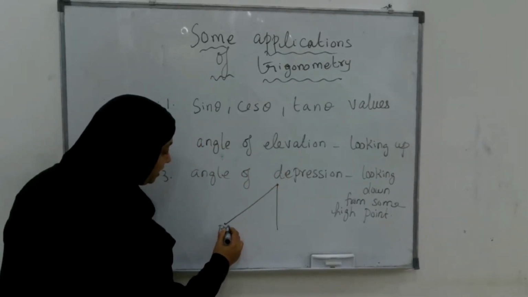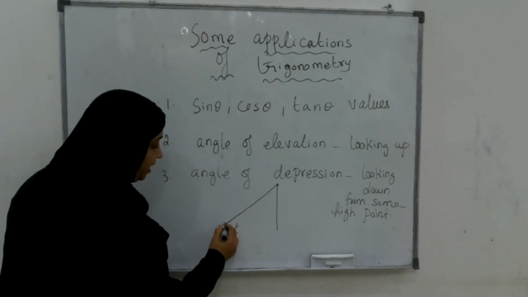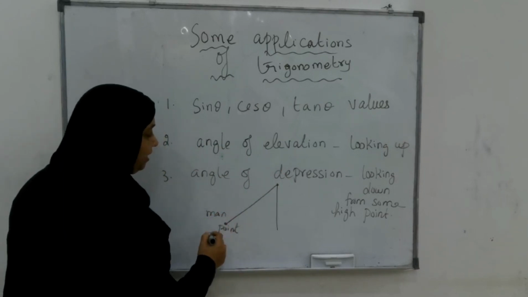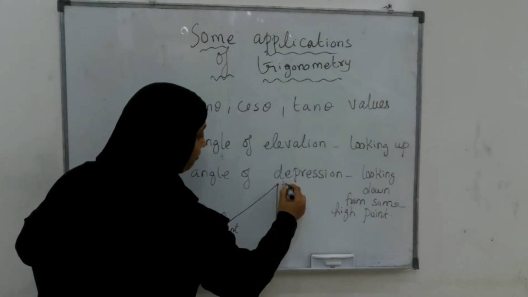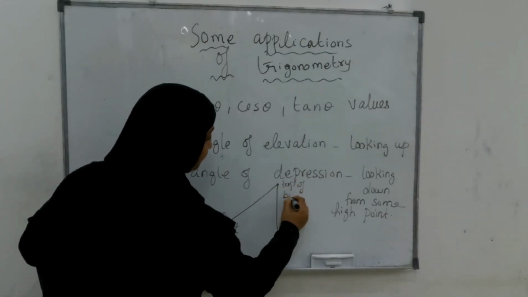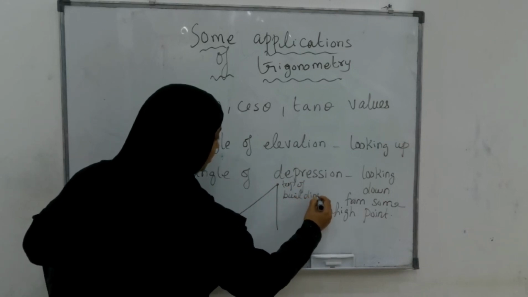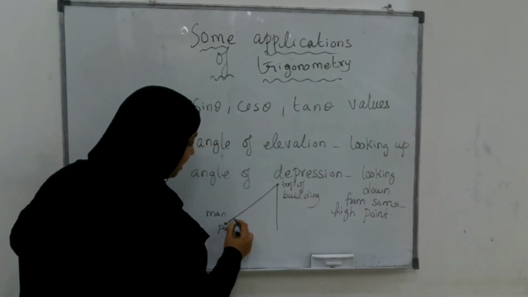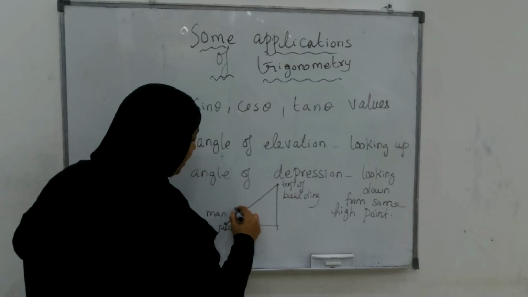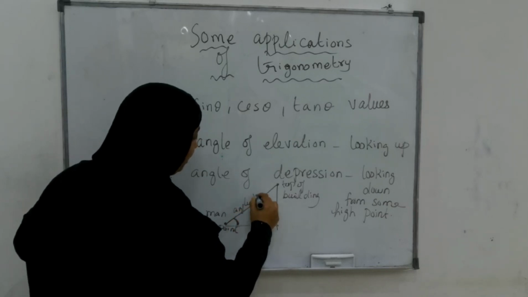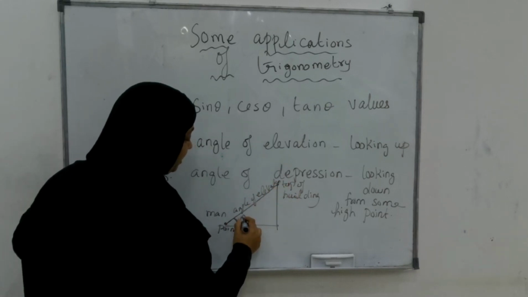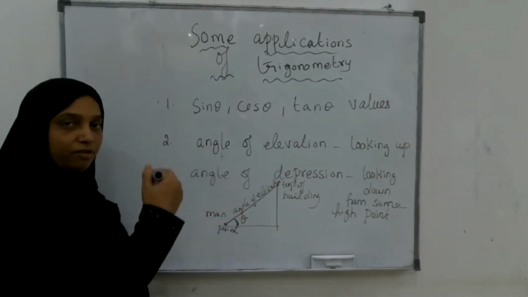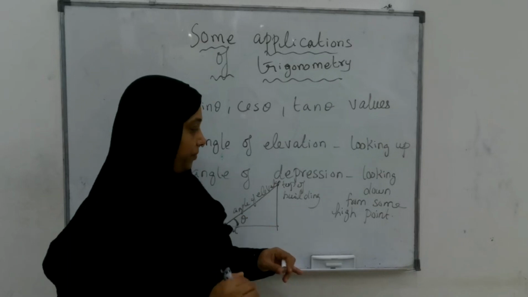This point is where the man is standing, and he is looking at the top of the building. The angle at which he is looking is the angle of elevation. We represent this with theta, or they will give some value, and we will use that value here.